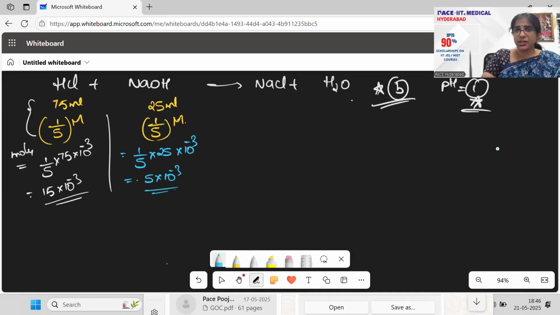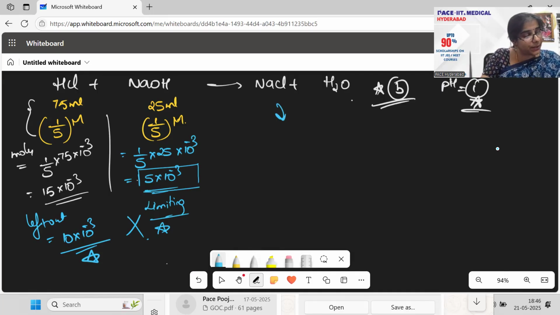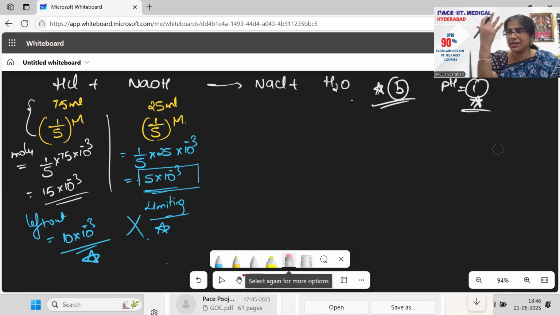Now, it is a 1:1 relation. So whichever is less in number, that is my limiting agent. That is my limiting agent, NaOH. So ये खत्म हो जाएगा. तो बचा क्या है? Left out part will be 10 into 10 to the power minus 3. And how much NaCl is produced here? Or I would just say, because these are strong, nothing in a weak component, no buffers, no salt hydrolysis, nothing.